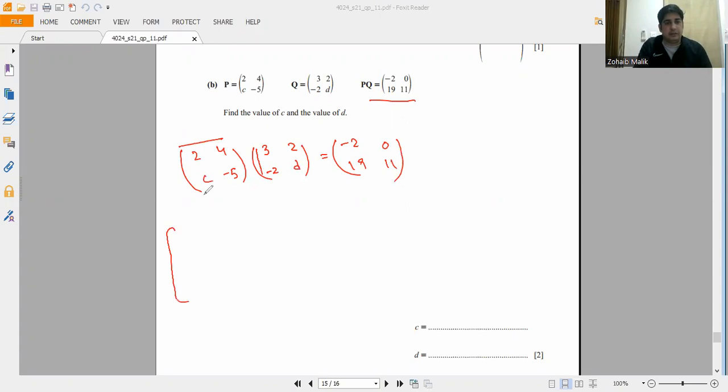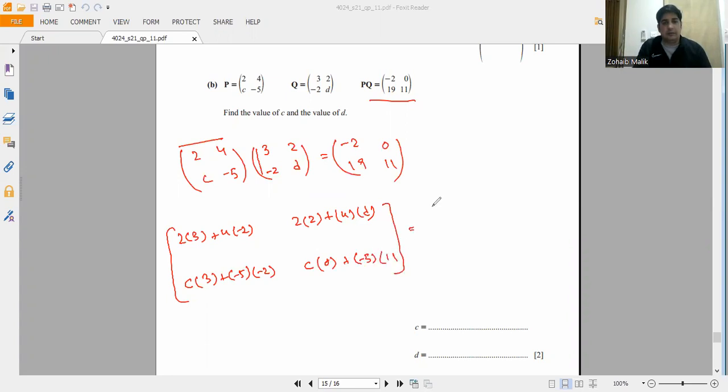So let's take 2 into 3 plus 4 into -2, then 2 into 2 plus 4 into D. Now C into 3 minus 5 into -2, then C into 0 minus 5 into 11, and that should be equal to -2, 0, 19, and 11.